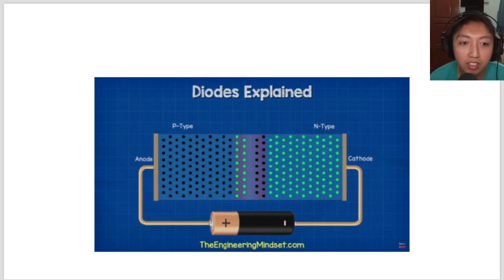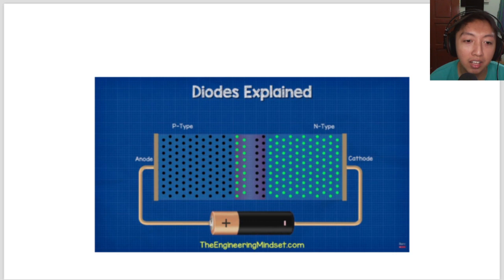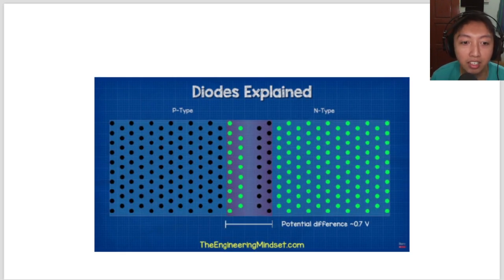Because there are now more electrons on the N-type side, it now has enough energy to cross over this barrier to the other side. Basically, the voltage is greater than the potential difference here. You need a stronger voltage than 0.7 in order to cross.